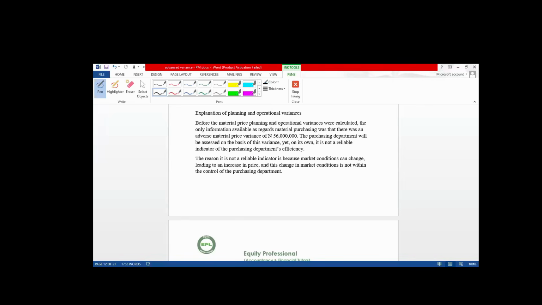If you look at the question, management set a standard material cost of 120. Meanwhile, in the market, the price has gone up as a result of shortage of the components in the market. Management is not aware that the price of component S has gone up.